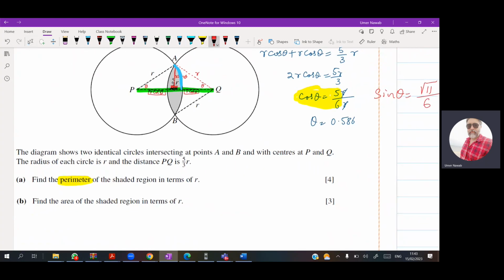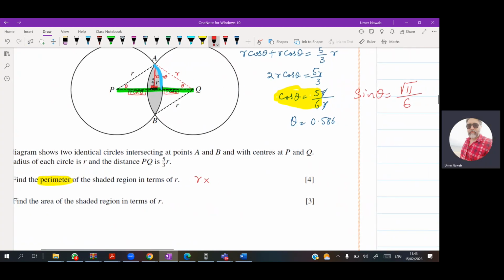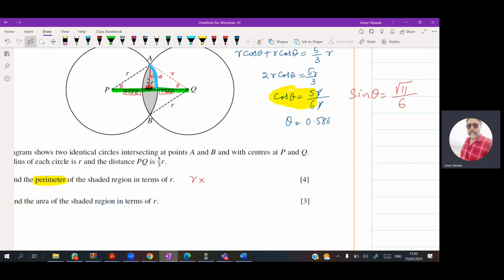It is r theta, and the theta I have found is shift cosine of 5 over 6, or I can write cosine of 0.586.